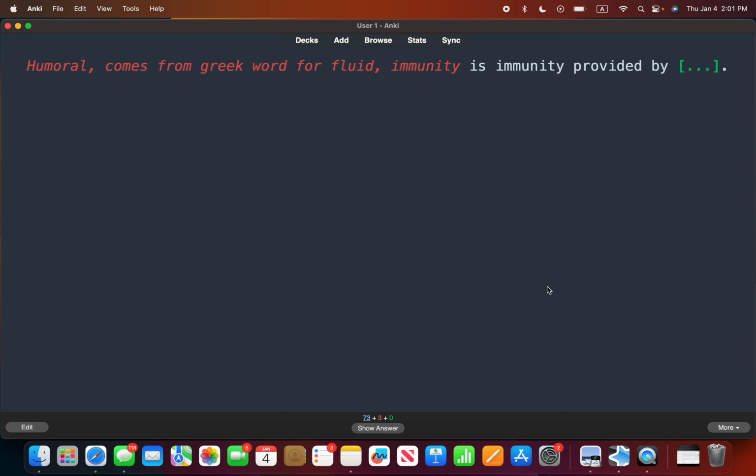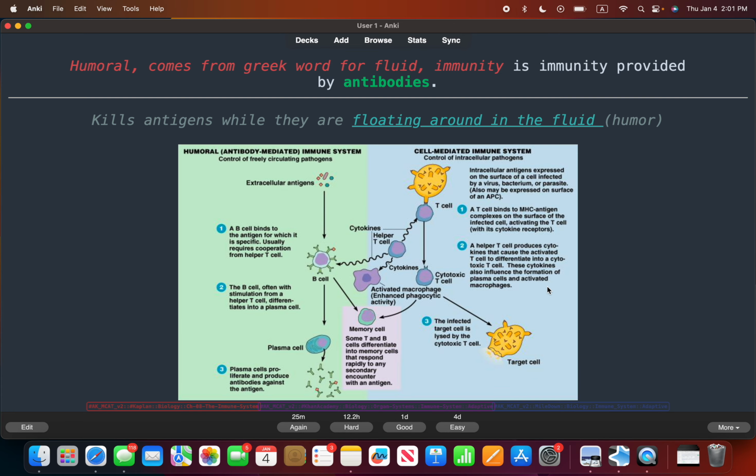Humoral comes from the Greek word for fluid. Humoral immunity is provided by antibodies, which kill antigens while they are floating around in the fluid.